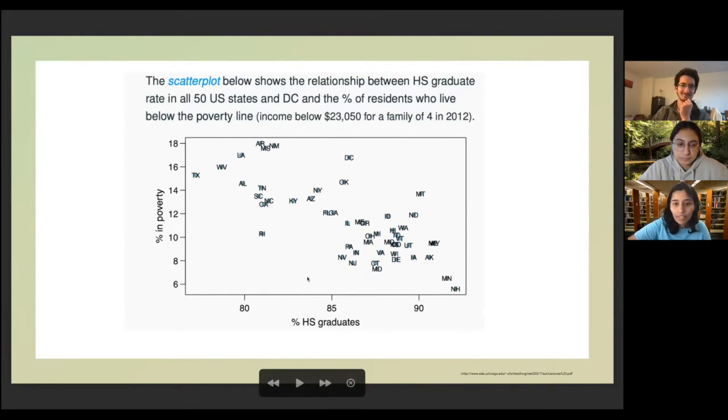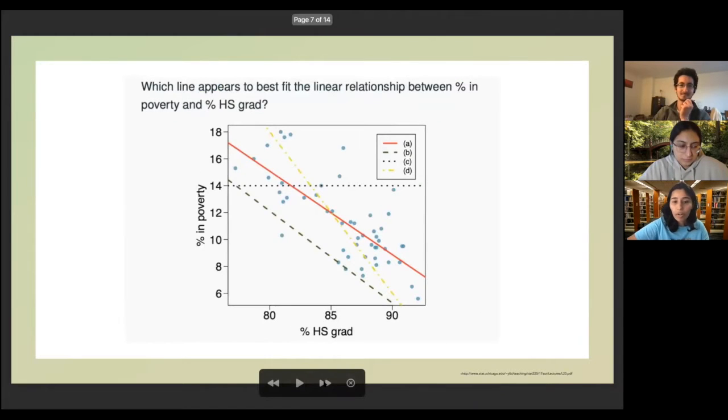If we try to eyeball this data, it seems like all these three lines work. If we look at this data by hand or by eye, it feels like all these three lines predict the data. But we need a robust system of analysis where we choose the best possible relationship between the percentage of poverty and the high school graduate rate.